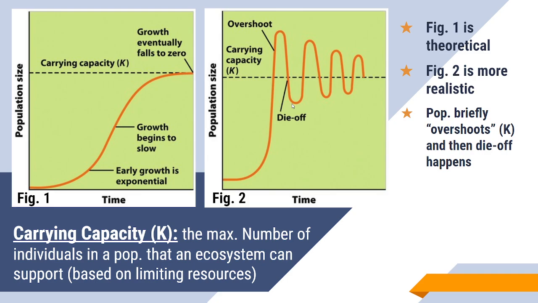Then, as those organisms die and resources become more available, we get another overshoot and then another die-off. We basically get this fluctuation back and forth around the carrying capacity line, because in reality, you're not going to have the exact same number of organisms being born as the ones that are dying. You're always going to have some fluctuation.